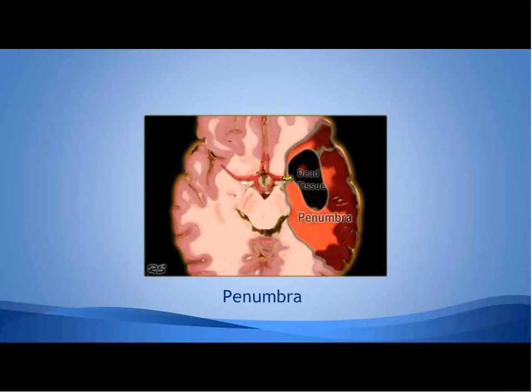And our goal for our management is to protect the penumbra. The dead tissue, we have to accept that that's gone. It will liquefy. It will no longer be the issue. But this penumbra is where you have most of your consequences from brain injury.